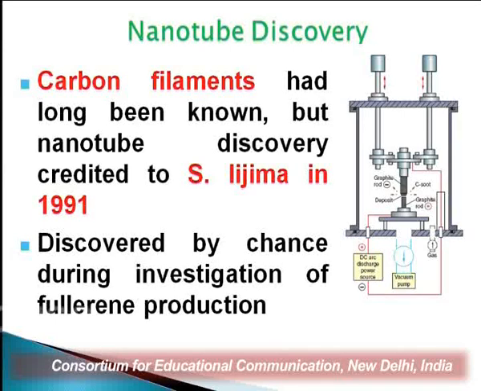Now, when the Buckminster fullerene and the other molecules of carbon were discovered, carbon filament had long been known, but the carbon nanotube was discovered by S. Iijima in 1991, while they were producing the fullerene, and it was by chance that the tubes were discovered.